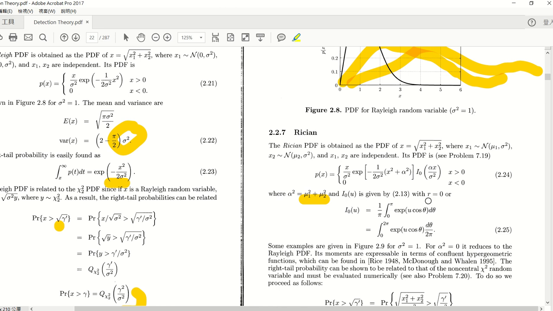I0 is given in this form. I sub 0 of u equals 1 over pi, integral from 0 to pi of exponent of u cosine theta d theta, which is equal to, with a change of variable, not a big deal, just a change of variable, the integral from 0 to 2 pi of exponent of u cosine theta d theta divided by 2 pi.